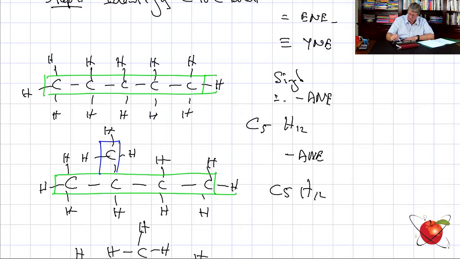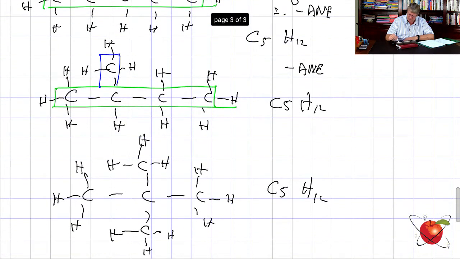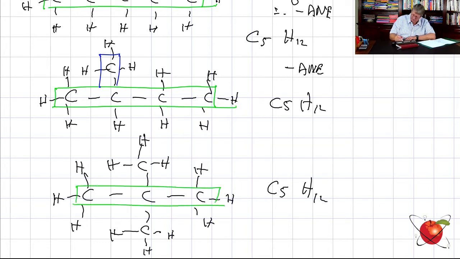All right? The next one down, sorry, my error there. The next one down, go back to green. You can see it's got a long chain there with 2 side chains over here. Now somebody who's smart might say, but hang on, the side chains are equal length. Spot on, you're right.